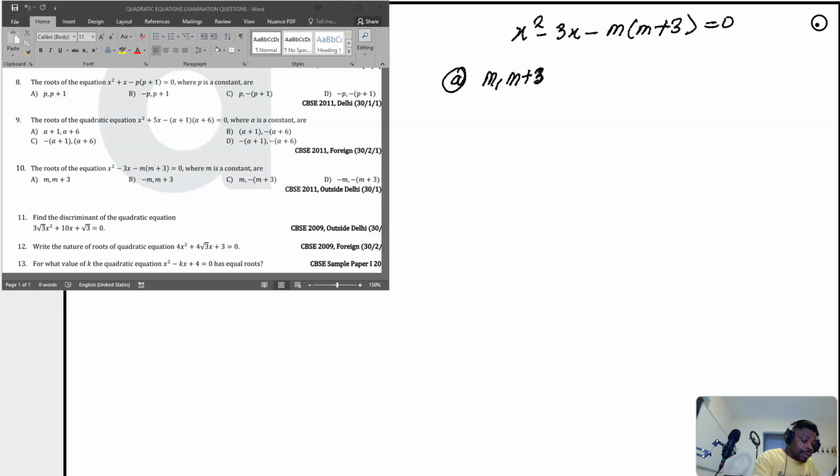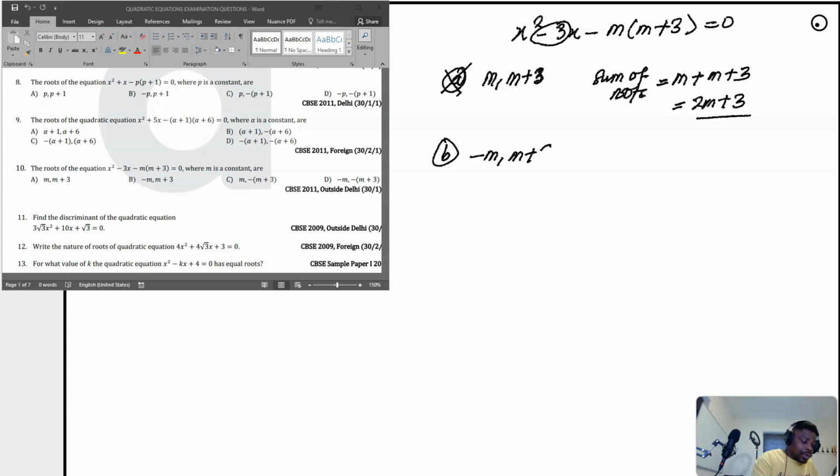So here we know sum of roots, that is m plus 3, that is 2m plus 3. And you know our sum of roots must give us minus 3. But in this case we have 2m plus 3, so we don't have to do the product, so A is wrong.